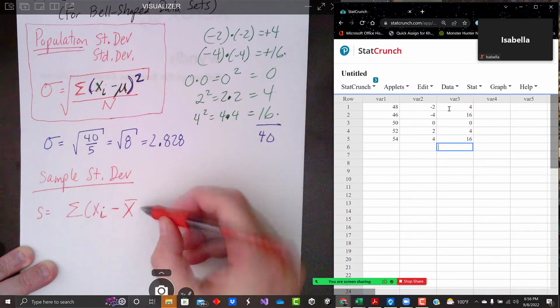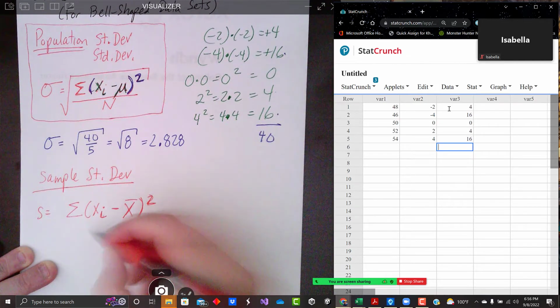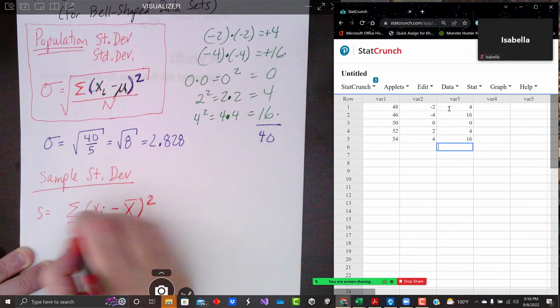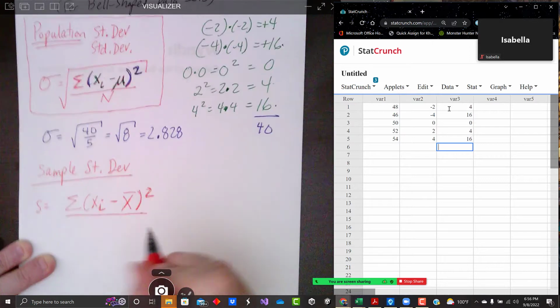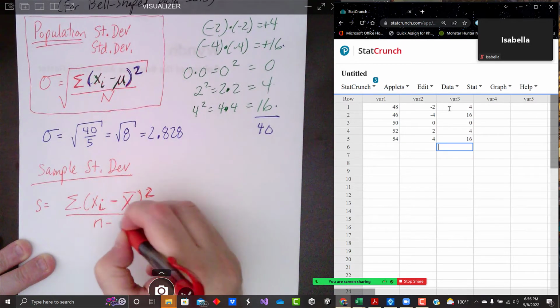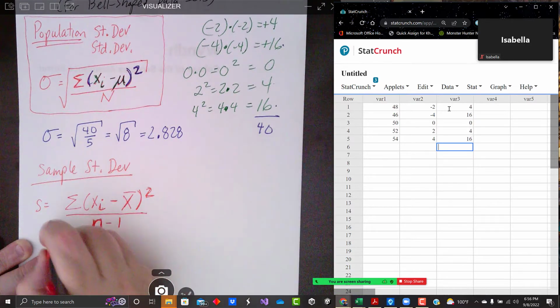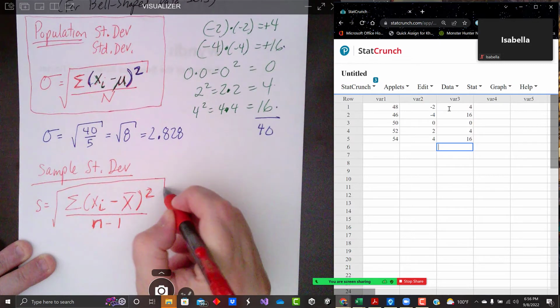We're going to take those, we're going to square them, we're going to add them all up. We're going to divide by the sample size, but we make an adjustment. We are doing n minus 1. And then we take the square root.